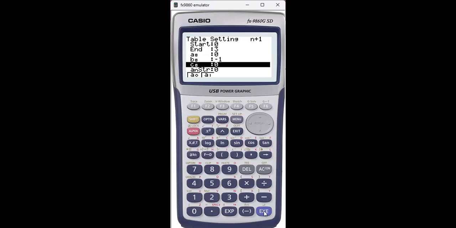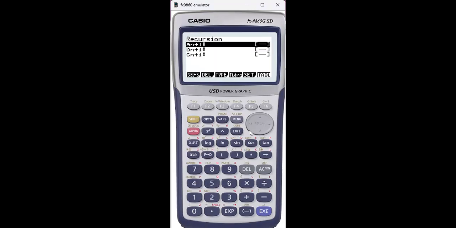We have set the table, it's okay. Then exit. It's an plus step size, so an plus step size is 0.05. This is the step size.